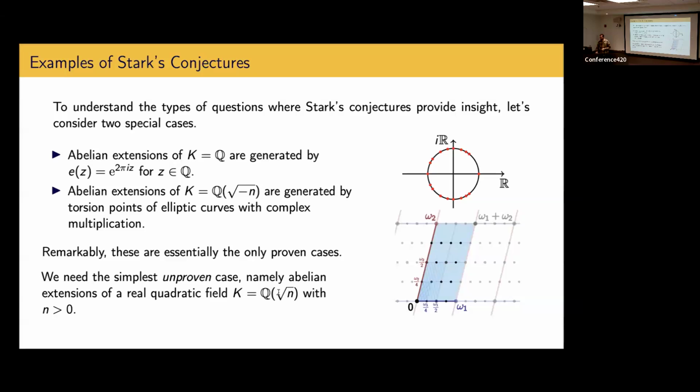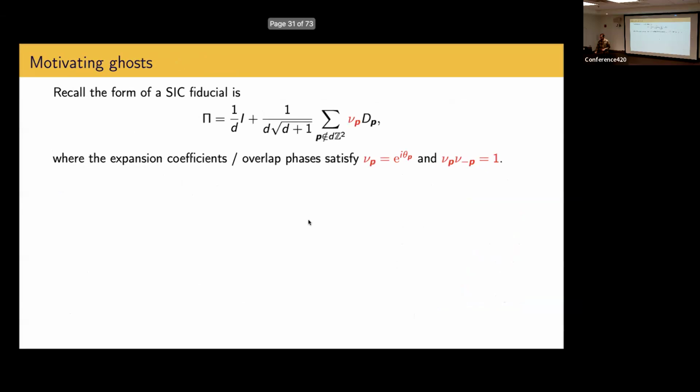We actually need, remember we had this number delta, which was a positive quadratic irrational number, so the first unproven case of these star conjectures is for real quadratic fields. These two cases are the only known cases where these conjectures have been proven. That's all I'm really going to say about the star conjectures. Everything I say from here on out assumes the order 1 abelian star conjecture for real quadratic fields, so if I say we know, it's always conditional on assuming that.